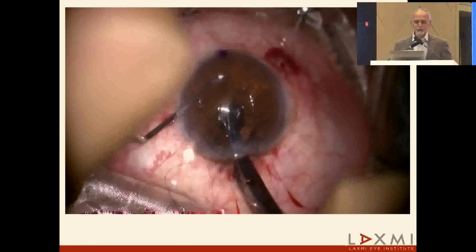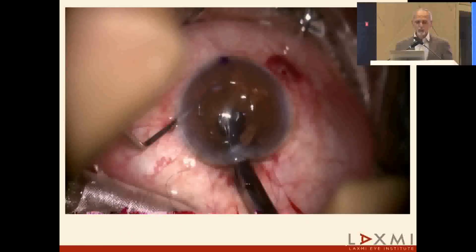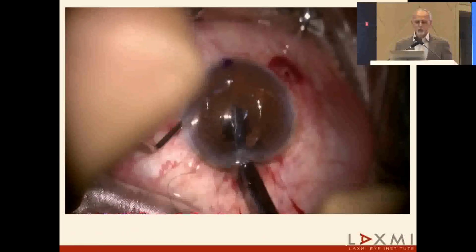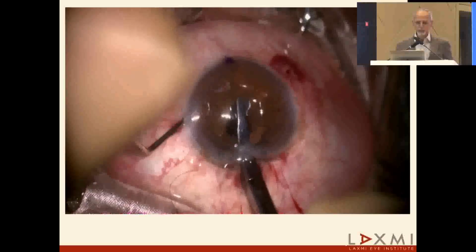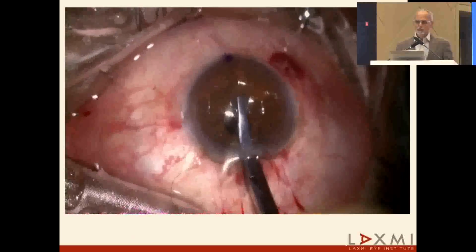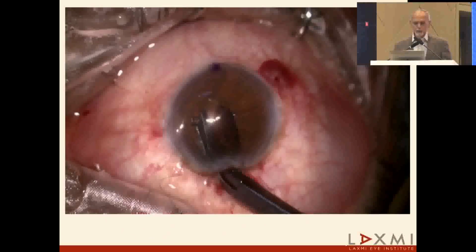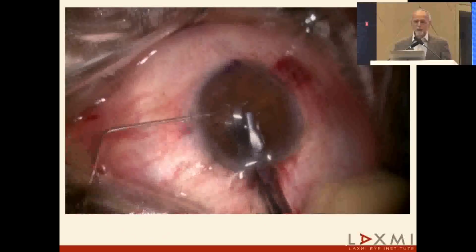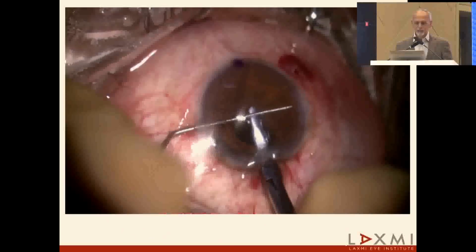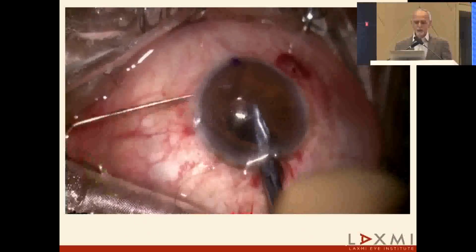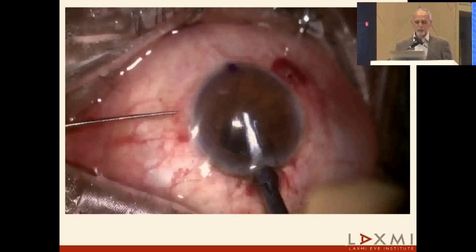Once you have the lens horizontally placed, you try and position it using your Sinskey. You always try and constrict the pupil. Try to get the lens behind. I prefer to do both enclavations from the same side port.